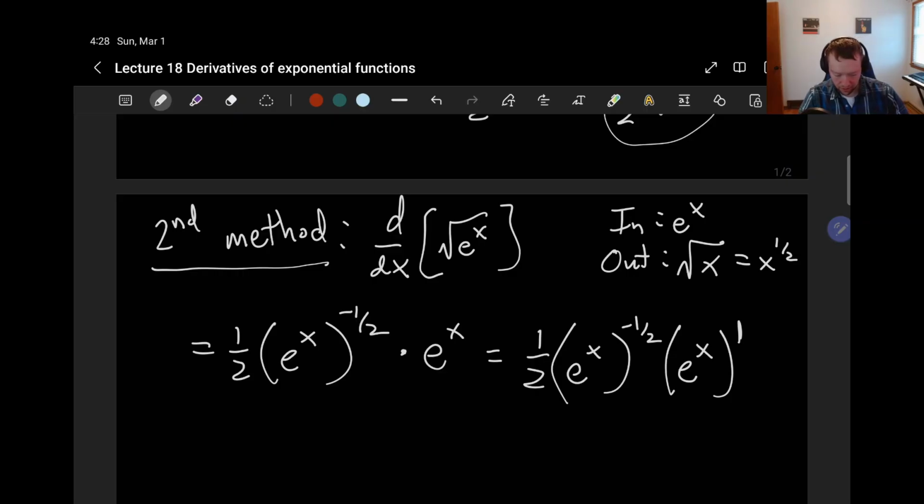But now I can do exponent rules. I have these exponentials being multiplied, and it's this same quote-unquote base. It's just the whole e to the x. What I'm getting at is that I can add these two powers using exponent rules.